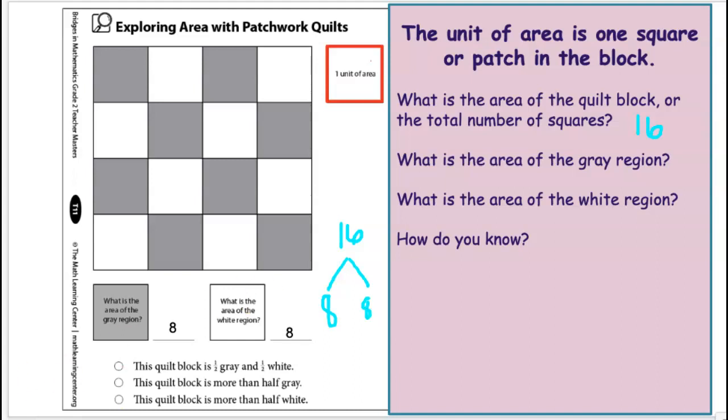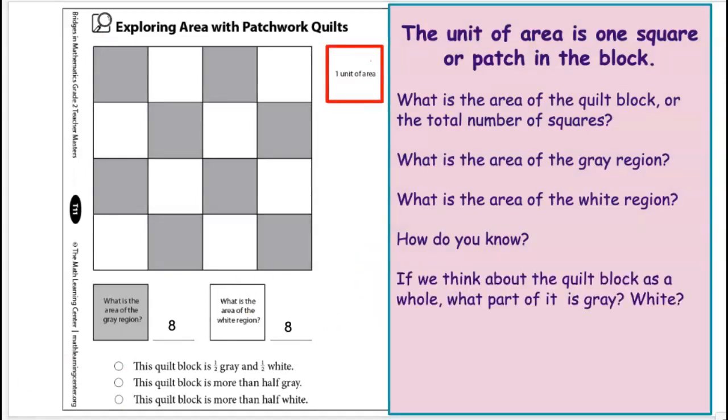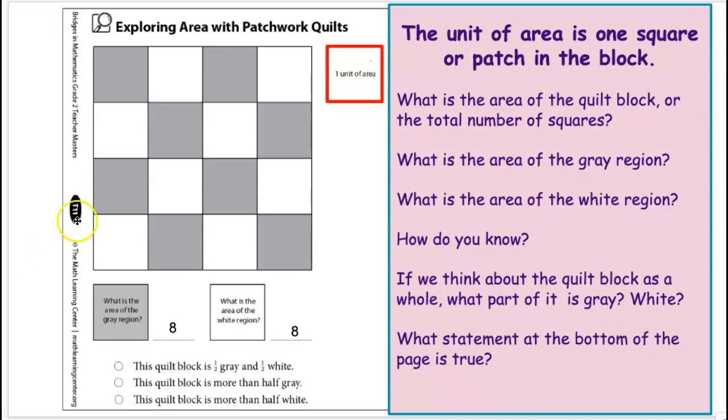So we know, because we know how to break up numbers, we know that half of our quilt block is gray and half of our quilt block is white. So when we're looking at our questions down on the bottom right here, our statements, we want to find out which statement is true and which statement isn't true. So we know right away that the quilt block is half gray and half white.